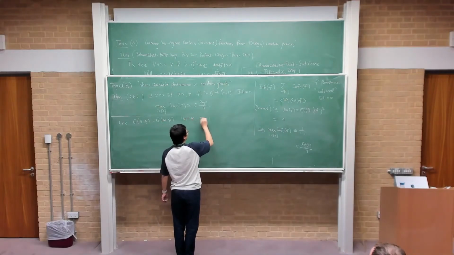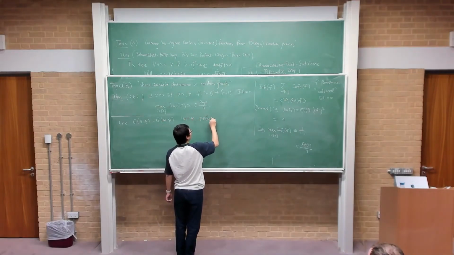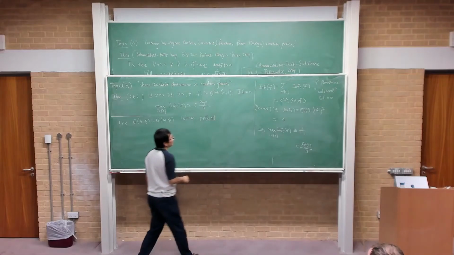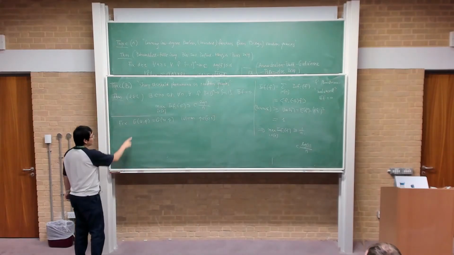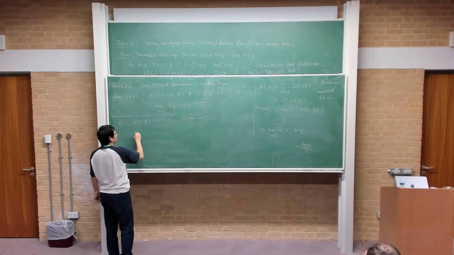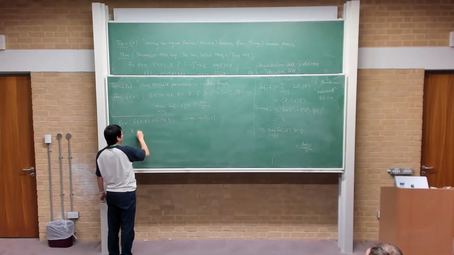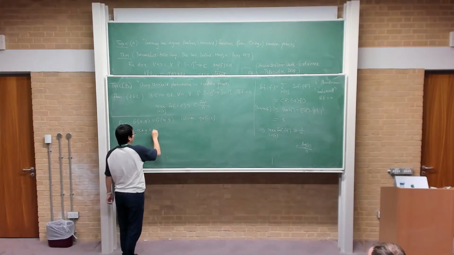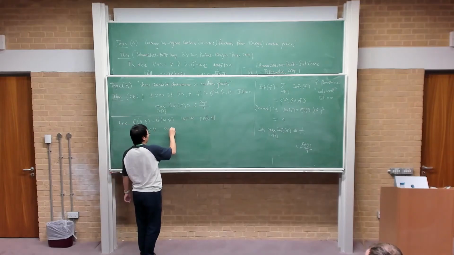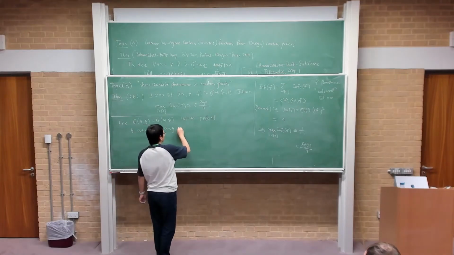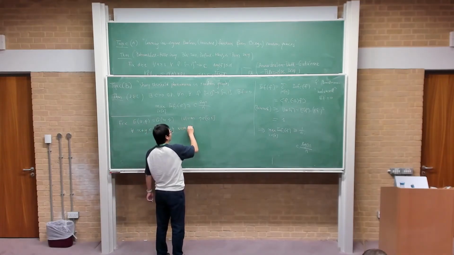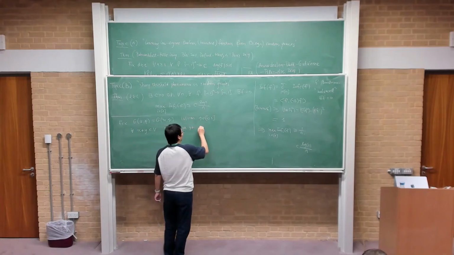P here is some real number ranging from 0 to 1. This model says that you pick any pair, say x and y, in the vertex set, then x and y are connected with probability p.